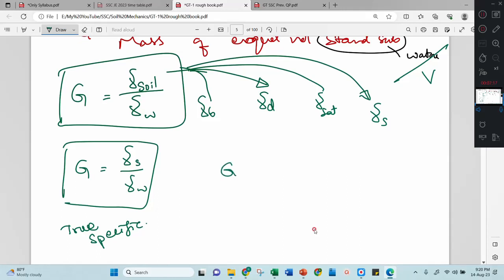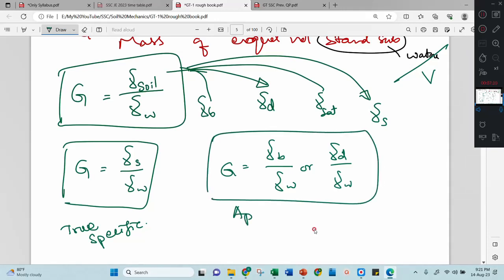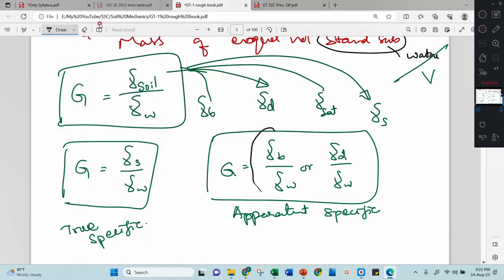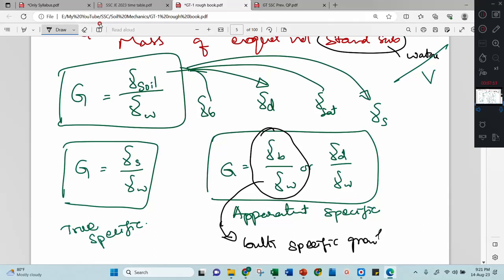Then if I write gamma B by gamma W, or gamma D by gamma W, then these are called apparent specific gravity. Then sometimes this one is considered as bulk specific gravity. Only this one is considered as bulk specific gravity, and this one is apparent specific gravity.